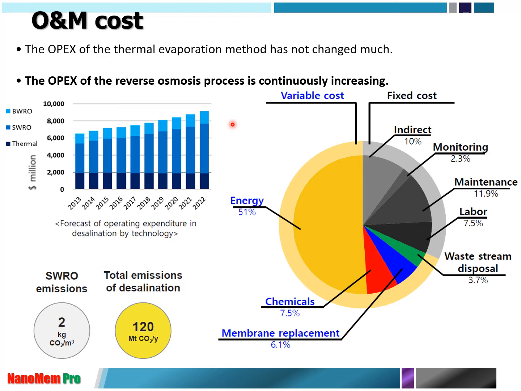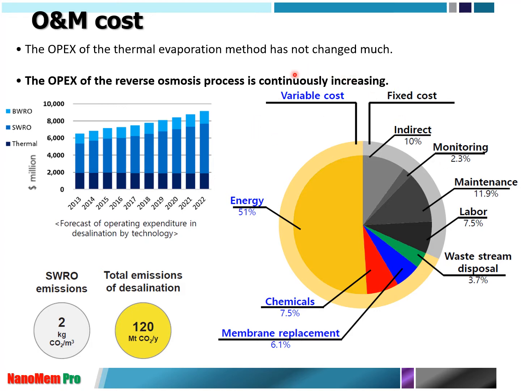Also, if you see how we can separate the variable cost and then fixed cost. So you can see the fixed cost include indirect monitoring, maintenance, and labor cost, almost 30% of the desalination process require.